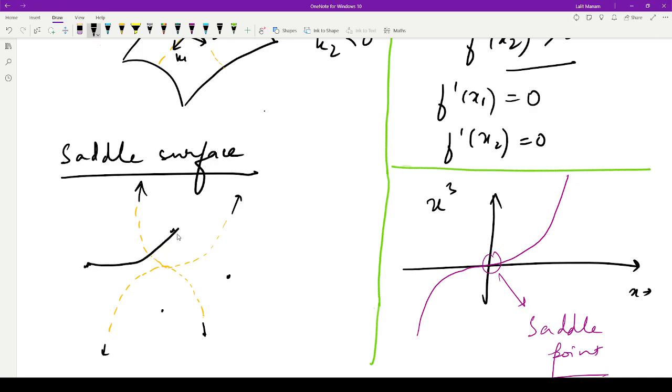It's increasing here, and then it's decreasing here, and then it is increasing. Something like this. Okay. Oh, I drew the opposite direction. It's maxima in this side, right?